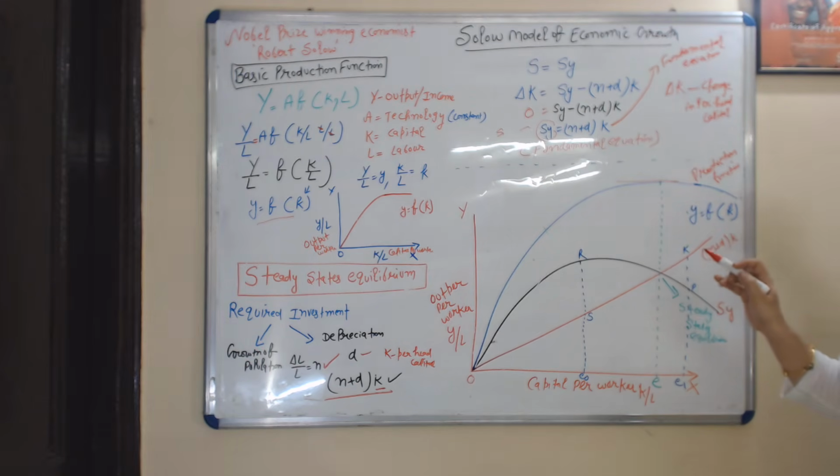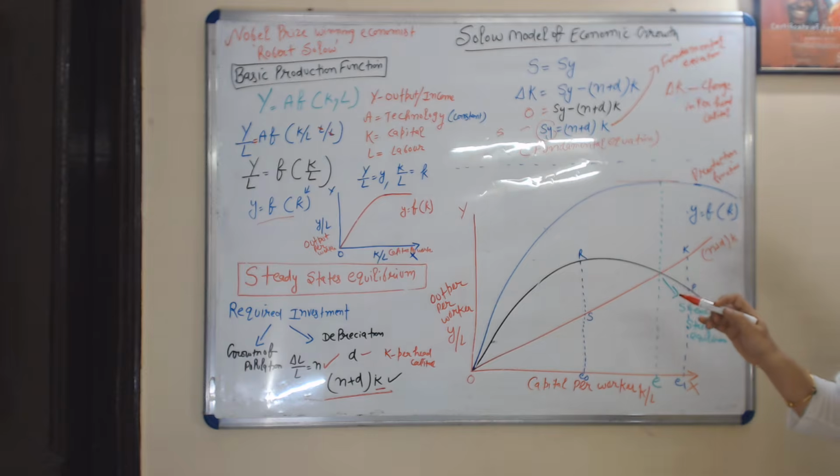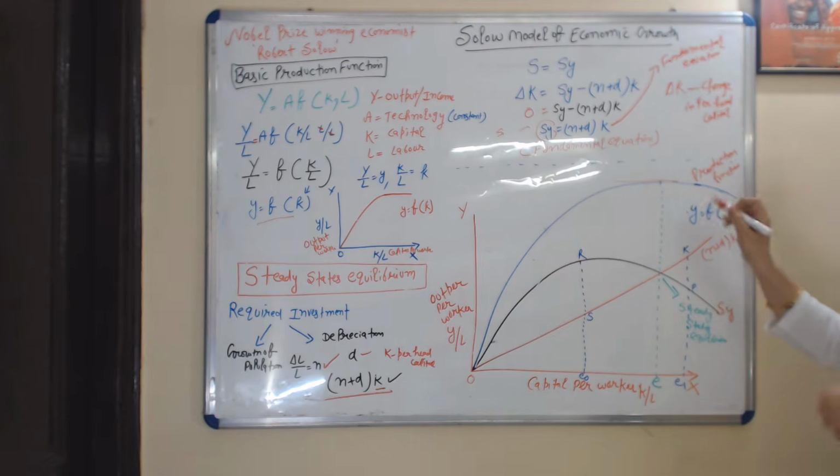This means that because of diminishing returns, we are getting less output in comparison to input. That's why after a certain point, this curve becomes flat.